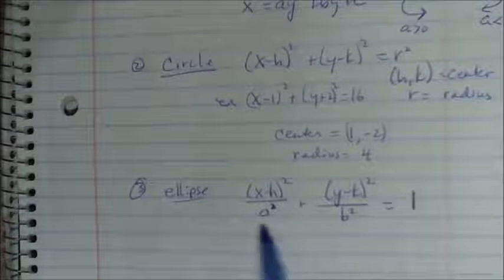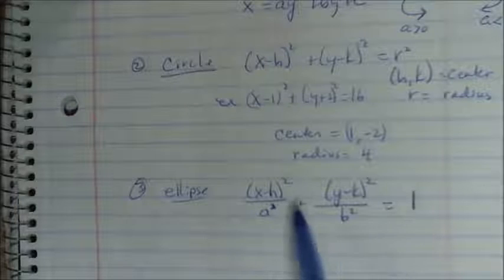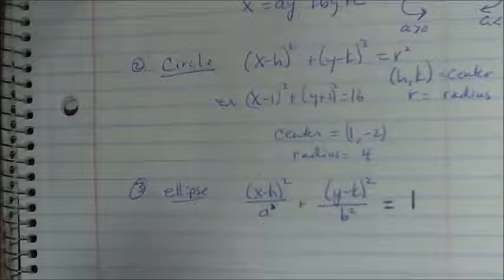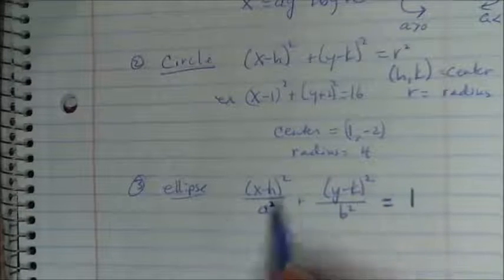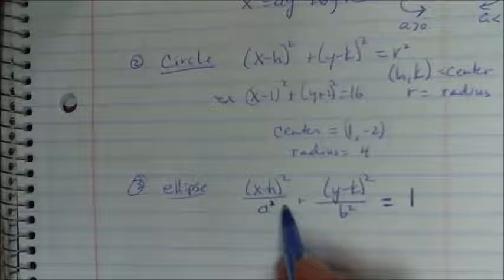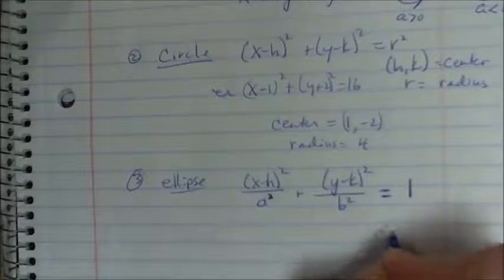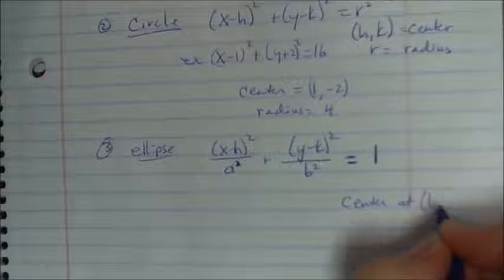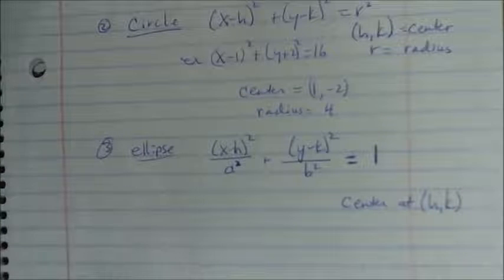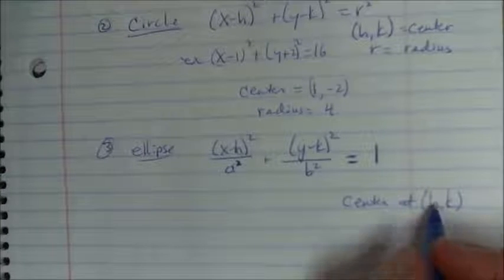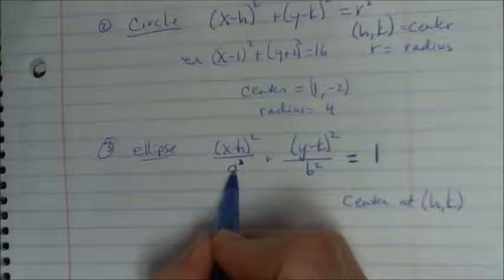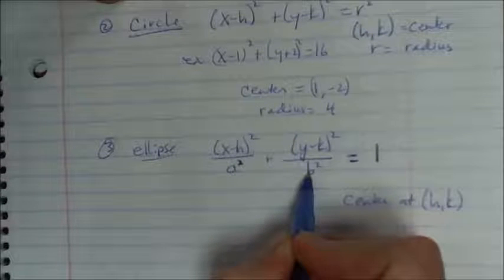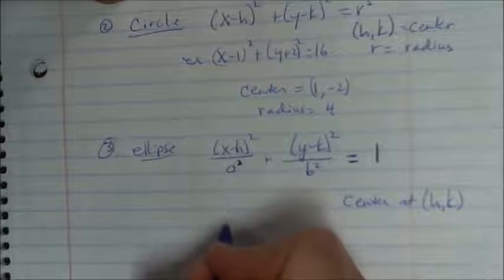And if you remember when we were eliminating the parameter, we had sine squared plus cosine squared equals 1, and that's how we came up with the equation of the ellipse. Now this ellipse has a center at (h, k), just like the circle did. And from (h, k), you're going to go a units right and left of the center, and b units up and down from the center.